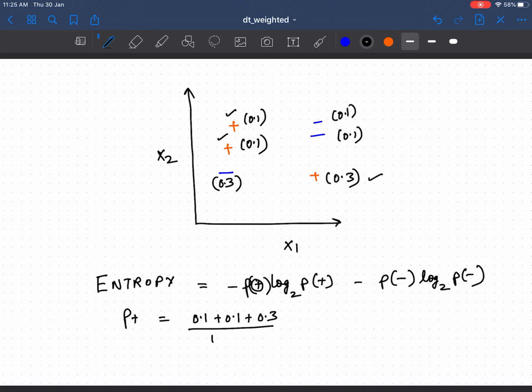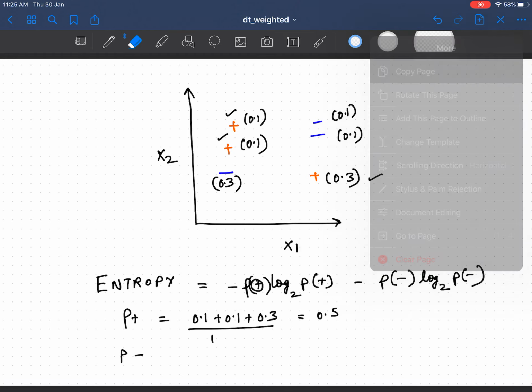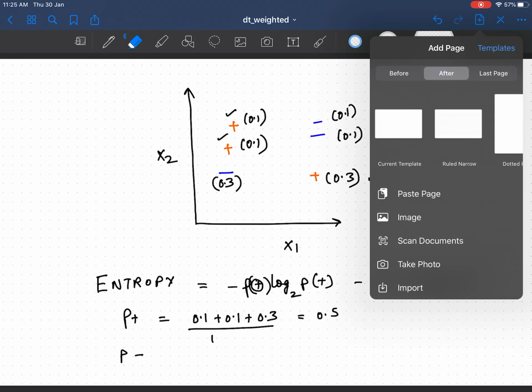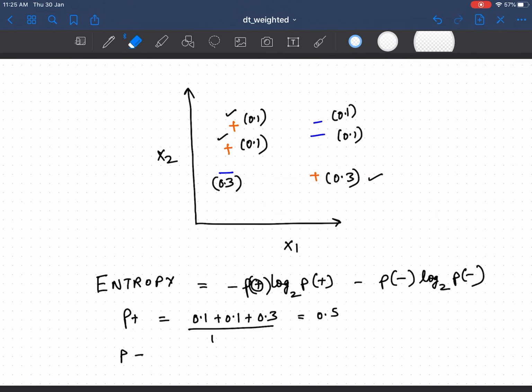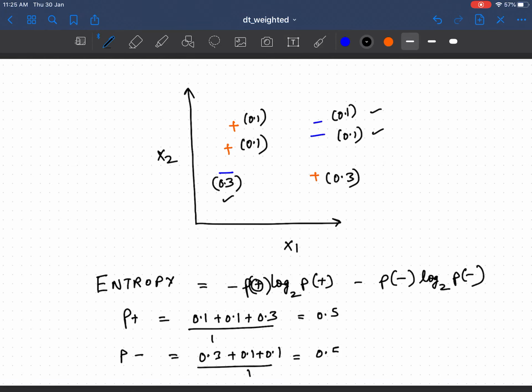Therefore, the probability of plus is 0.5. If we do a similar calculation for the probability of negative, for the points having negative classes, these points are 1, 2 and 3. The probability of negative is just the sum of the weights divided by the total sum of weights, which is also 0.5.